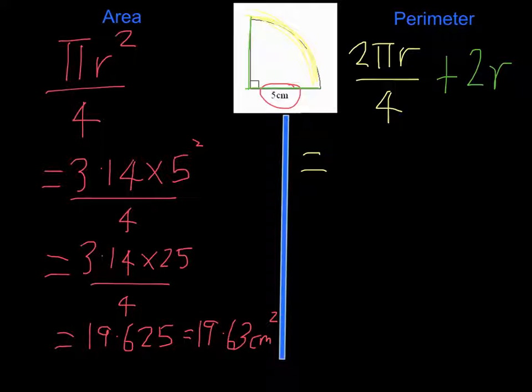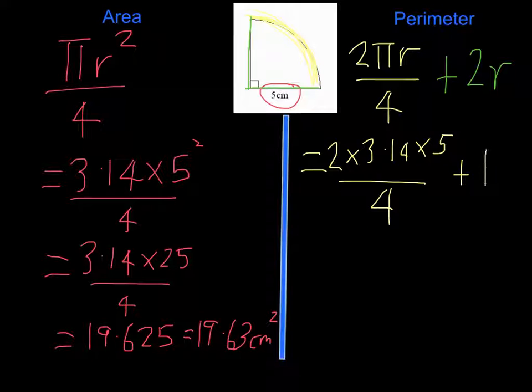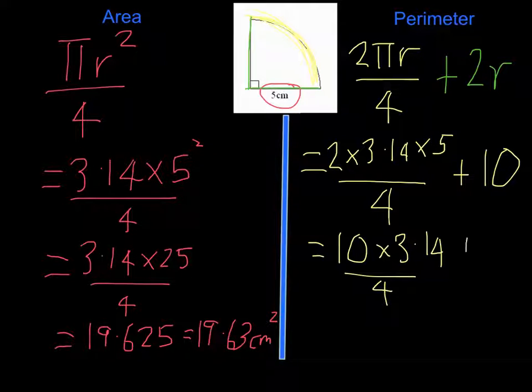Let's plug it in. 2 times pi, which is 3.14, times the radius, which is 5, all divided by 4, plus that 2 lots of the radius, which is 10. To simplify this a bit better, 2 times 5 is 10, so 10 times 3.14 divided by 4, adding on 10.